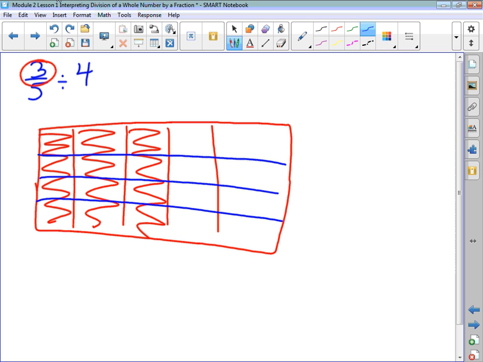So now we divided it in 4. Do you see the different color? Here's my 3/5 that I broke into a 4th. So it's like my Kit Kat bar. How many boxes are here? 1, 2, 3. Out of how many? There are 20 boxes here.